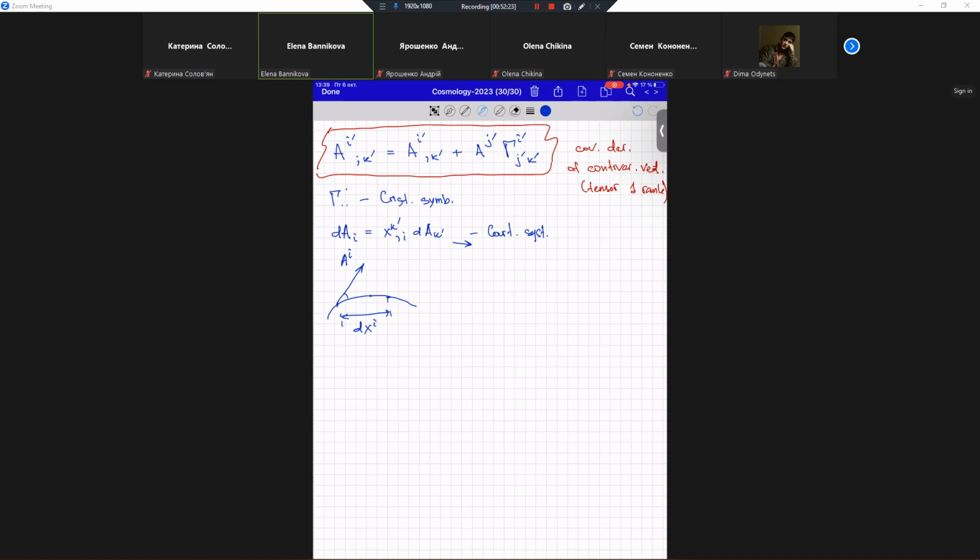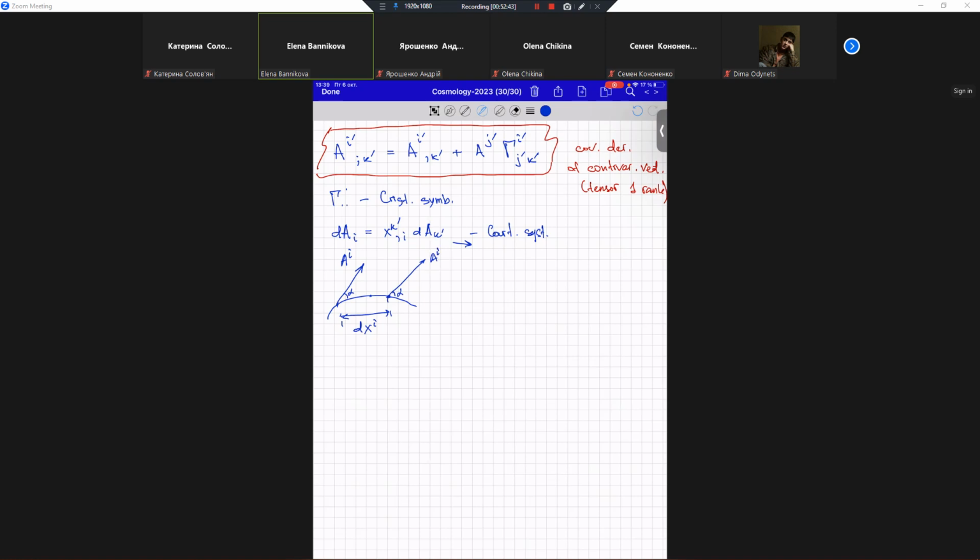What in this case do we have? If we make a parallel shift, it means that we will have a vector, by agreement, a vector with the same angle.